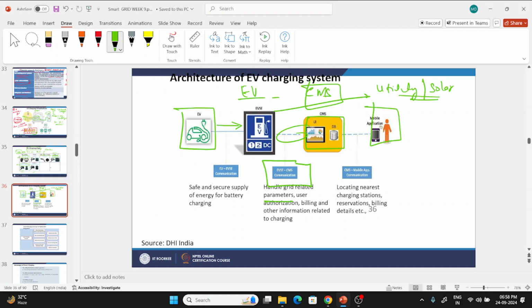After you charge, you get a message on the mobile app based on how much energy you used. Based on that, it gives the value on the mobile, and you can pay there.